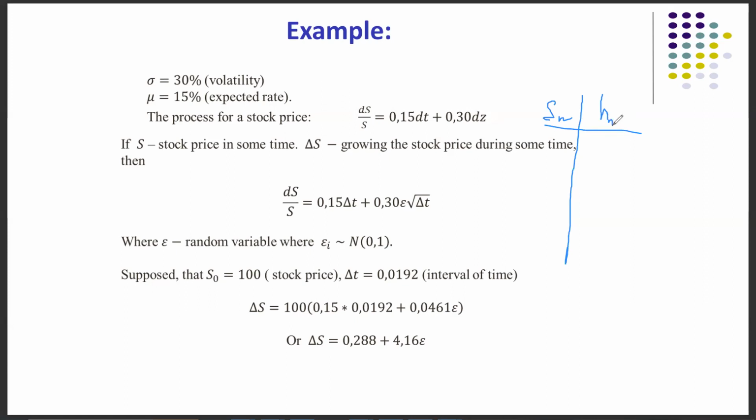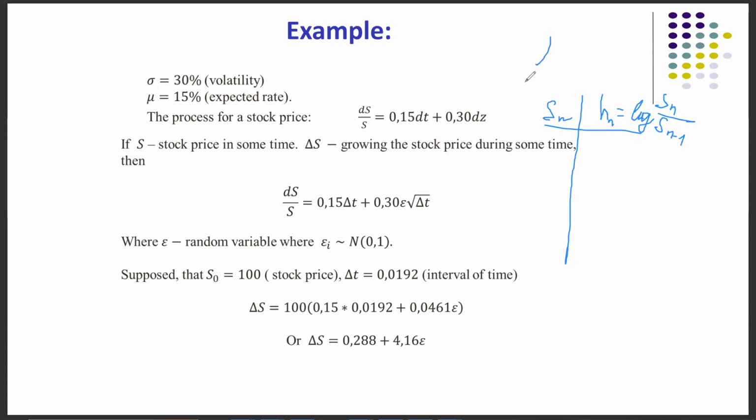We can find Hn equals log of Sn divided by Sn minus 1. And after that, if we find the mean of this, it will be mu.